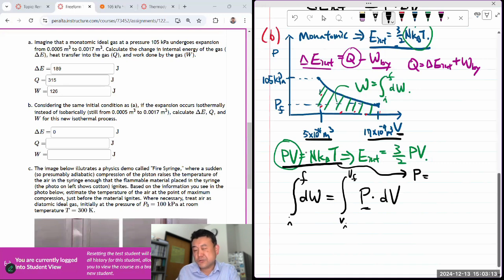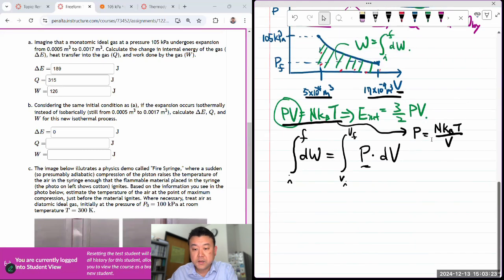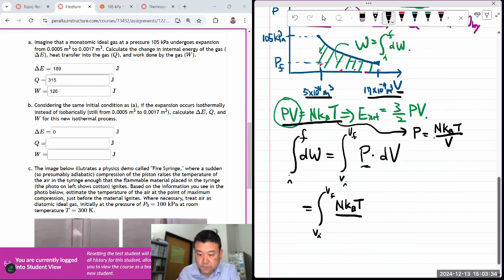Pressure is equal to nkBT divided by volume. And I think I'm going to use one more simplification after doing the substitution. So I have pressure is nkBT over volume times dV for the integral.